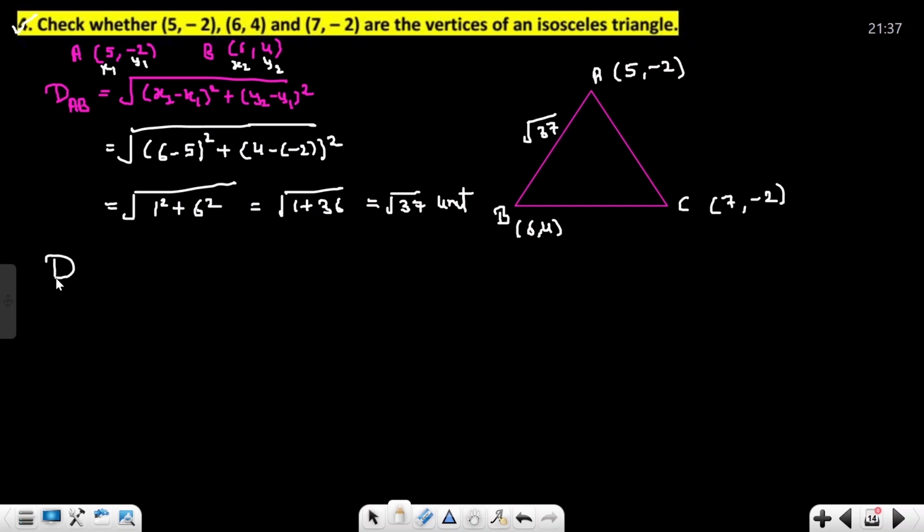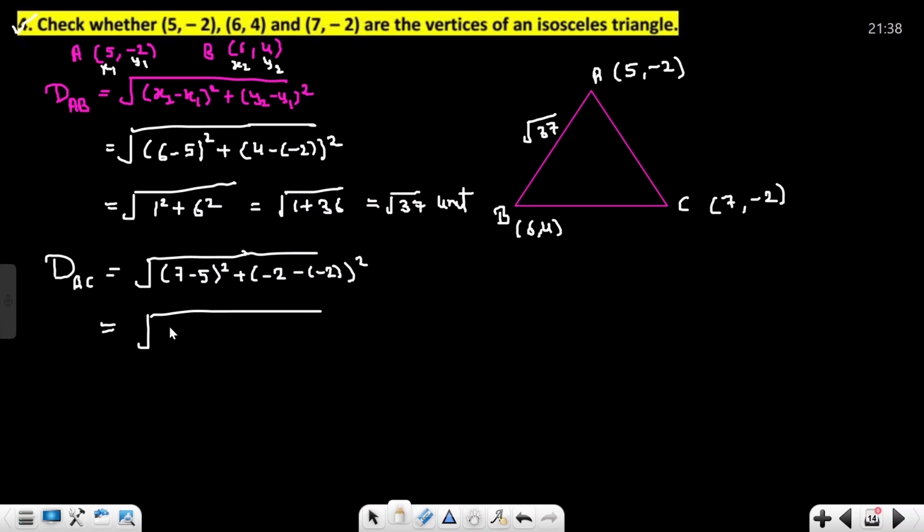Now we find AC. Again apply the distance formula. I directly apply it. Okay, C coordinate minus A coordinate. 7 minus 5 square plus minus 2 minus minus 2 whole square.